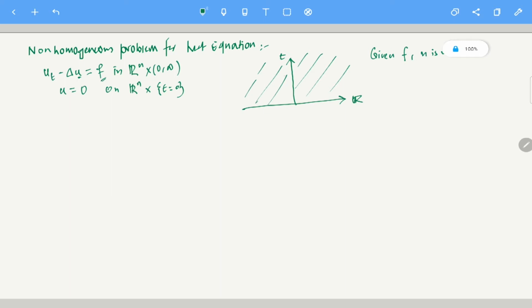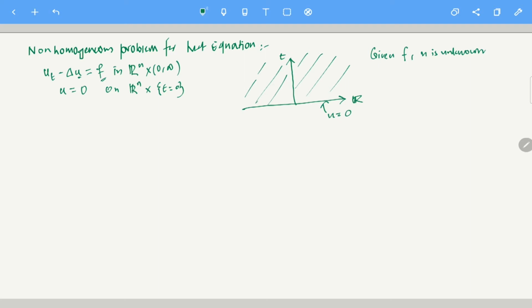This is in this part, and u is equals to 0 on the line. So here u has to be 0, here in R cross t equals to 0. In this line t equals to 0, u has to be 0.